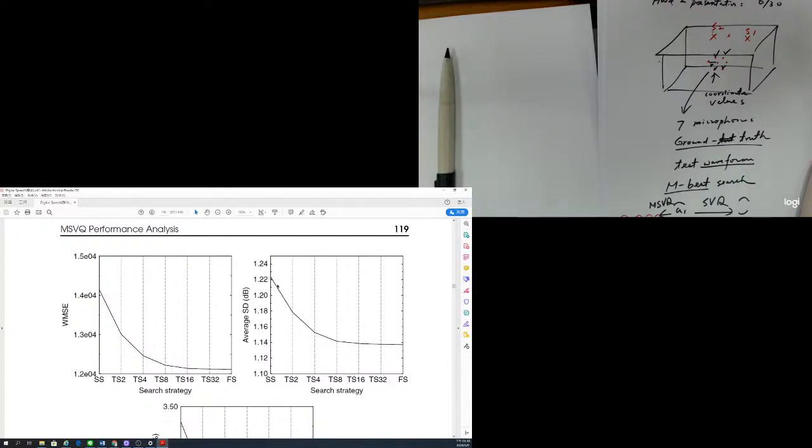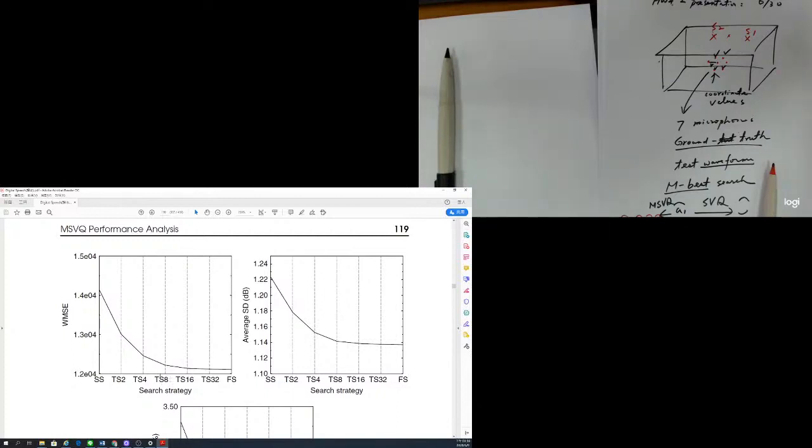Because we have multiple stages, for each stage we try to find, like this one, the TSA. It indicates that in each stage you search and try to find the best match.